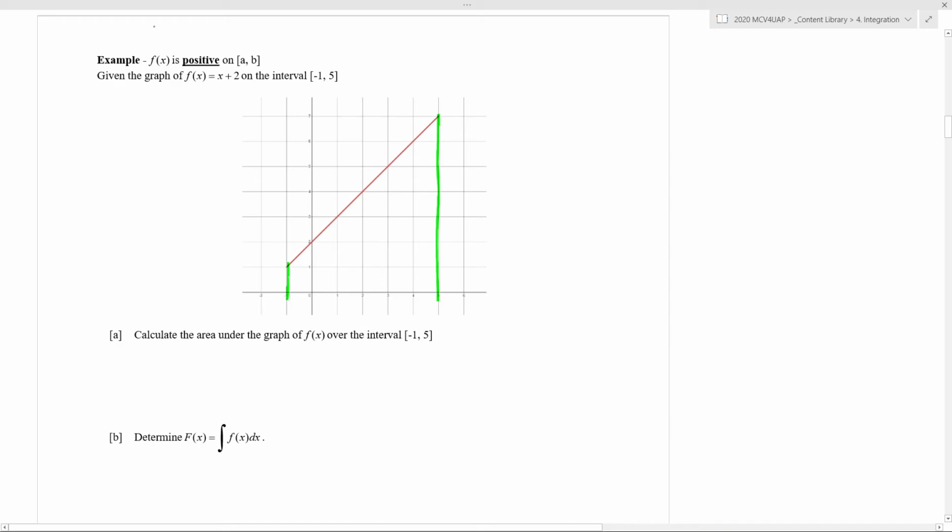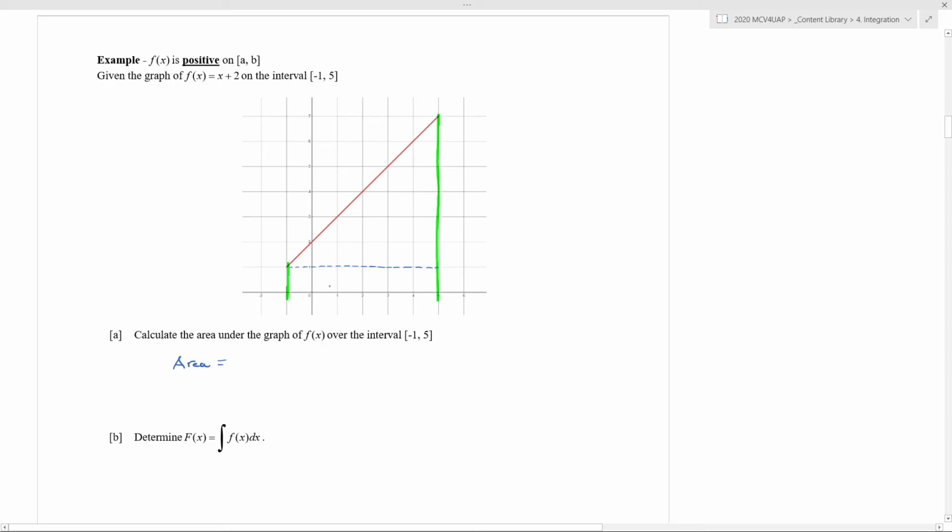So this area, there's more than one way to calculate it, but you may want to split it up into a triangle and a rectangle. So I'll do that. That's equal to 6, the area of the rectangle, plus, what do we got? The area of the triangle.